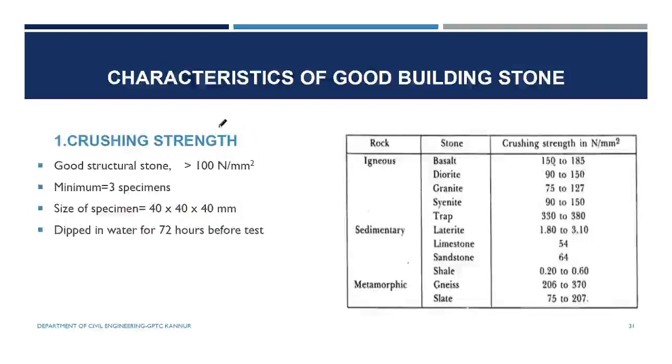You may have a doubt about how the crushing strength of a stone is determined. It can be conducted by taking a stone specimen of size 40 mm length, 40 mm breadth and 40 mm height, then applying compression using a compressive testing machine, which will be there in our strength of materials lab. As you apply pressure, the reading will show.